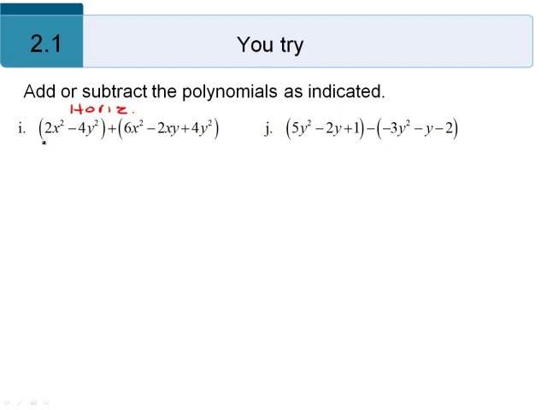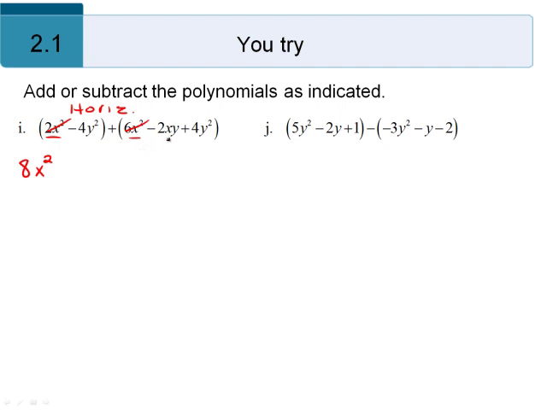Okay, so I want to add 2x squared and 6x squared. So that's going to give me 8x squared. So those are my like terms right there. They are gone. Now, I know the next term is the 4y squared, but I want to go ahead and put the 2xy in the middle because that's where it is considered the correct way to write that, okay?